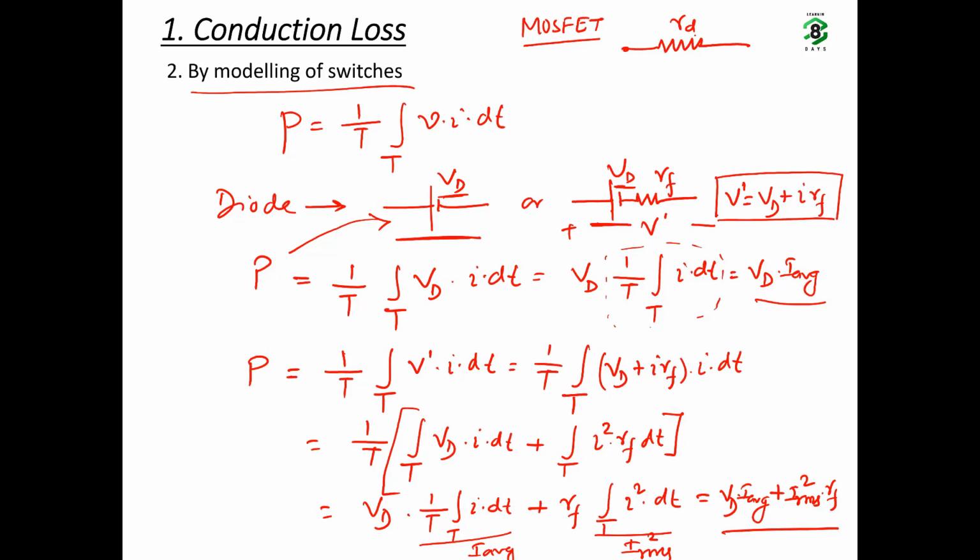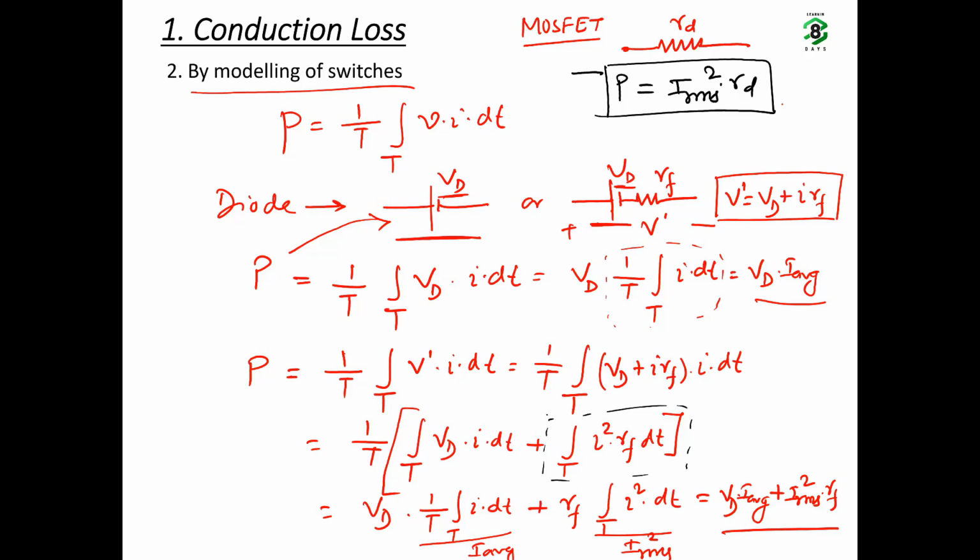Whatever we derived in the case of the diode, we will derive the same for the MOSFET. So in the case of a MOSFET, power loss can be given as I RMS square into RD. These are the ways in which we can calculate the conduction loss.